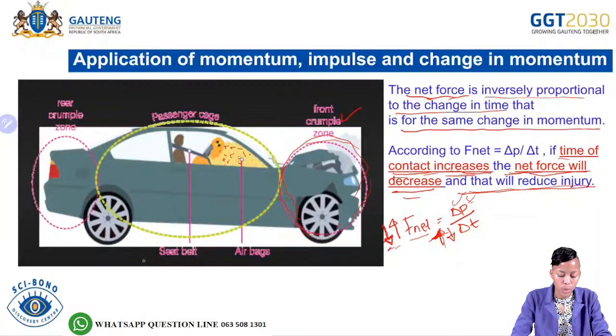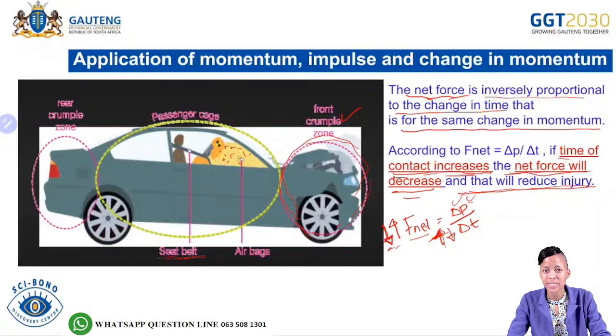Okay? Then we also spoke about the seat belts, and we said, what do the seat belts do? If you have a seat belt on, and again the car was to be involved in an accident, the seat belt would increase the time of what? Of contact.